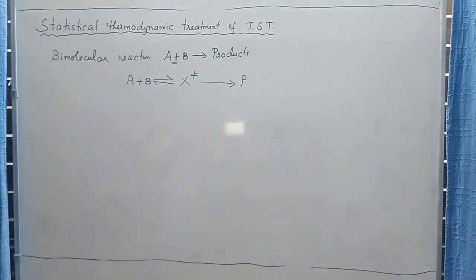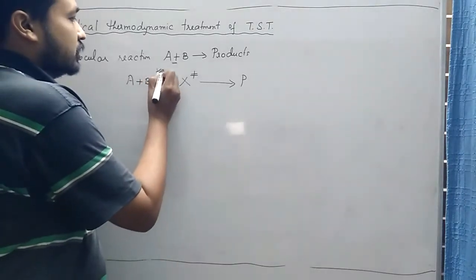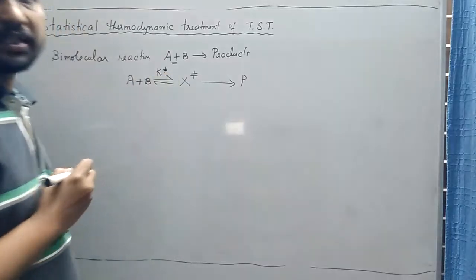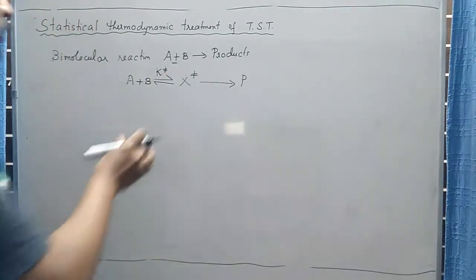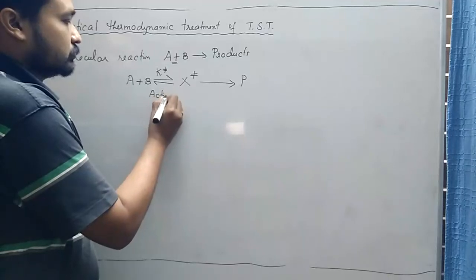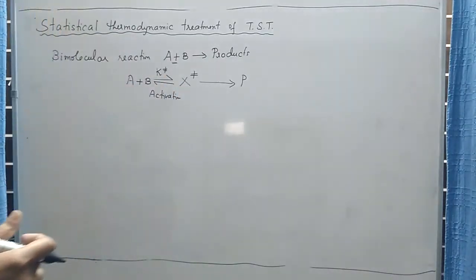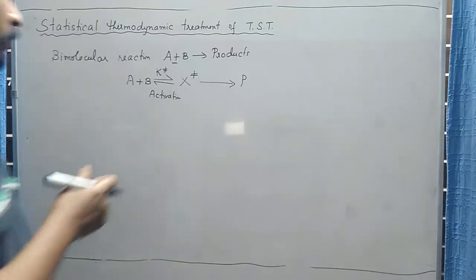This is a pseudo equilibrium which in reality does not exist. Let us assign K dagger as the equilibrium constant for this process, which is called activation, because it involves the formation of the activated complex.